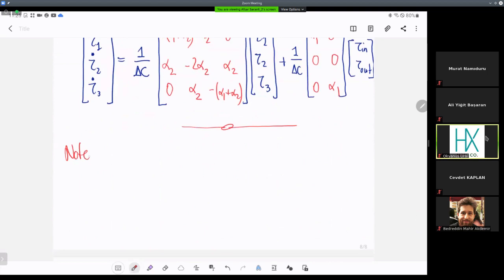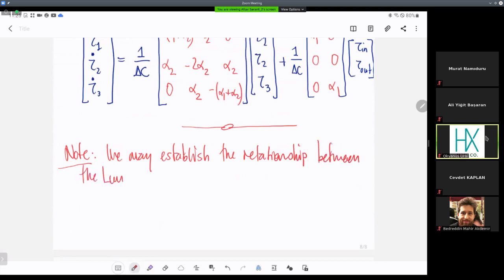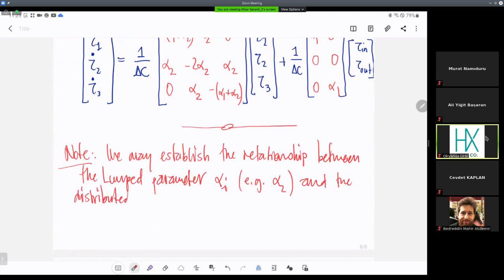Note, we may actually establish the relationship between the lumped parameter alpha i's, as an example, alpha 2, which is the inside variable, and the distributed parameter A, which, if you remember, was equal to lambda over rho times Cp.